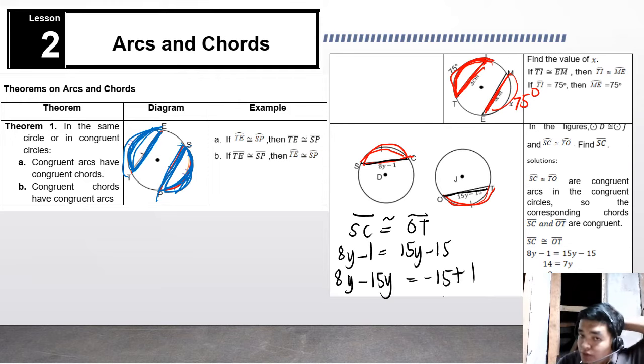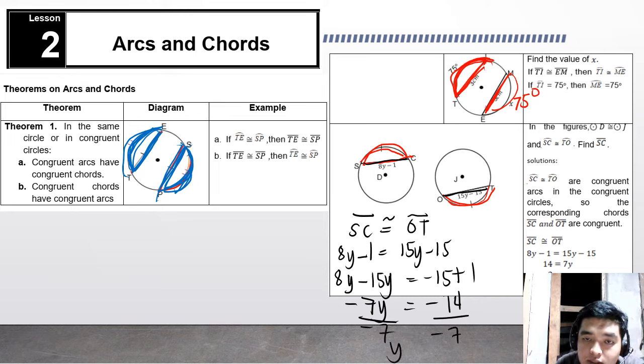So 8y minus 15y is negative 7y, equals negative 14. Then divide both sides by negative 7. y is 2. Very good. Are you done with that?